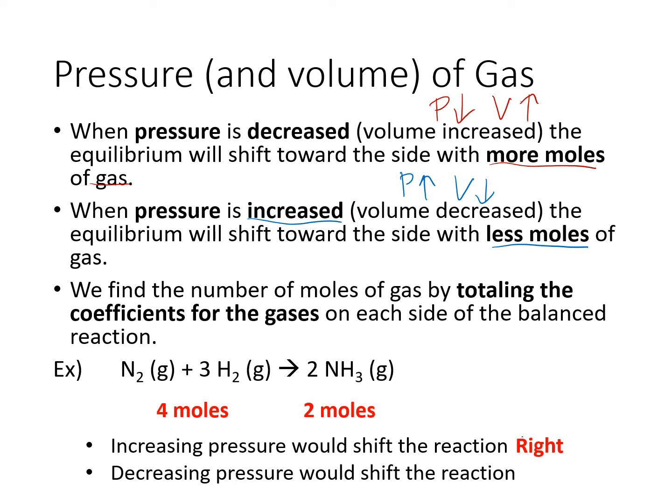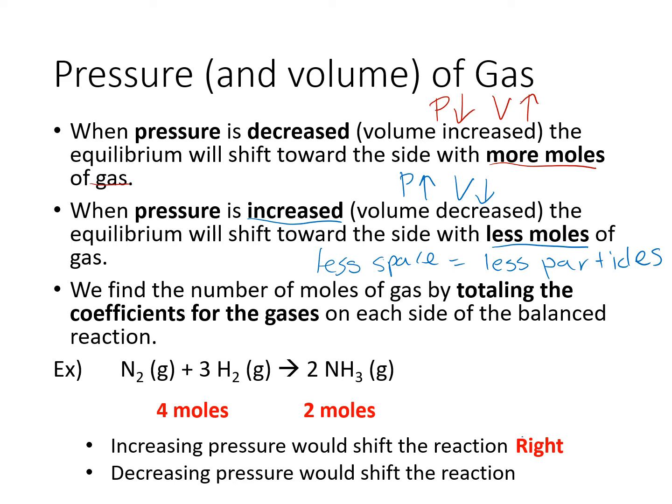We're decreasing that volume. So if we have less space, we want less particles. Okay, less space, less particles. I'm going to put that on here. So we want to shift to the side with less moles of gas, okay, towards the right in this case.